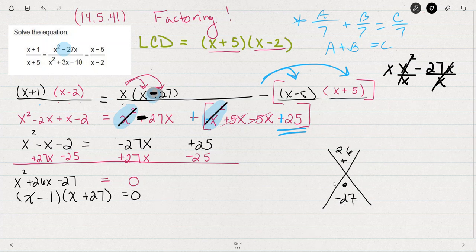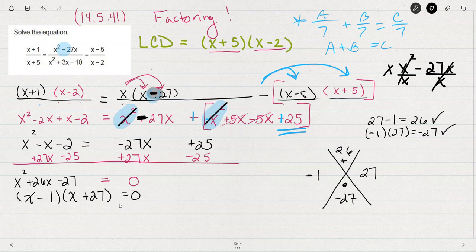And the two numbers that multiply to 27 are 1 and 27. To make this product negative, one of these two has to be negative. If I make the 1 the negative, then I have 27 minus 1 is positive 26, and then negative 1 times 27 is negative 27. So we've got that factored.